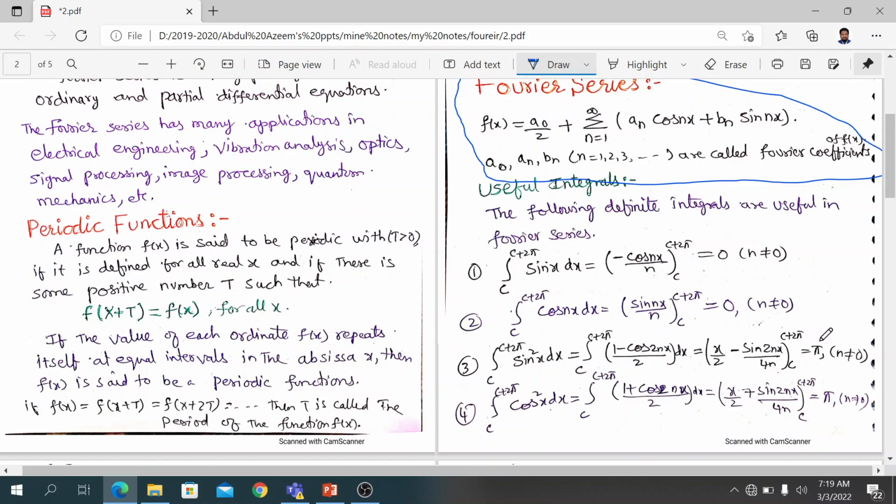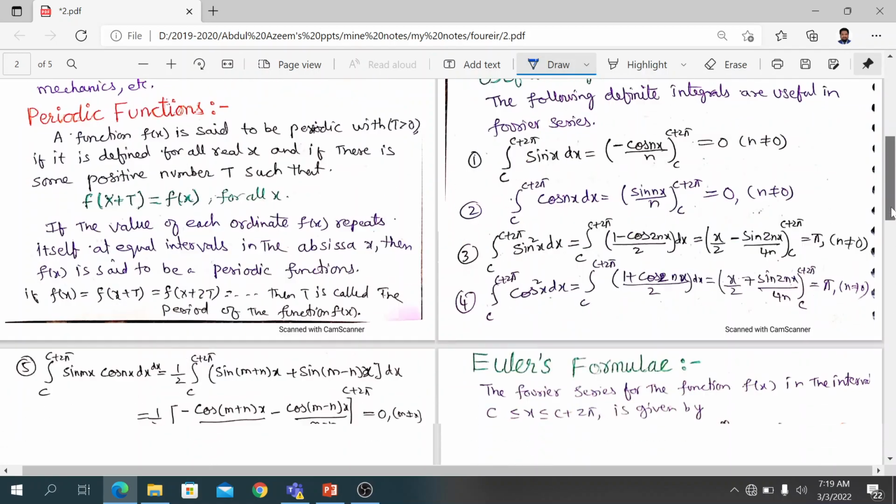If we apply the limits, we will get pi. Next, integration from c to c plus 2 pi of cos square nx dx. So cos square nx is 1 plus cos 2nx by 2. So the integration of 1 is x, and the integration of cos 2nx is sin 2nx by 2n, and 2 times 2 is 4. If we apply the limits, we will get pi, n not equal to 0.